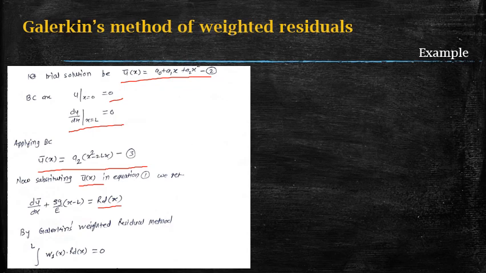Why w1 only? Because this is a one-term solution. Consider this similar to ci into ni of x, where c1 is a2 and n of x is nothing but x square minus 2lx.